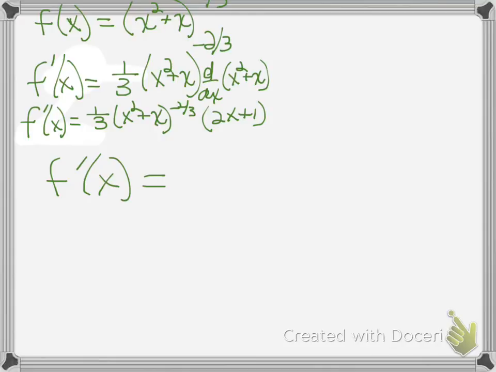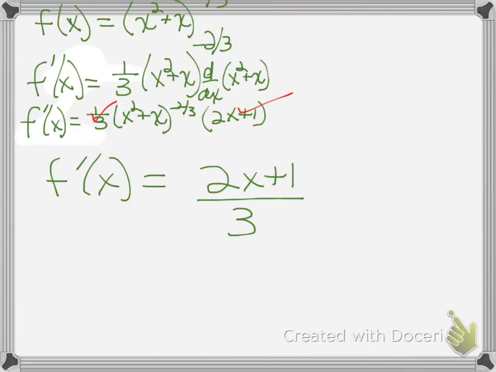I'm going to have the 2x plus 1 in the numerator. I have a 3 in the denominator. Alright, so that's taken care of. Now, look what I have also in the denominator. The (x squared plus x) to the negative 2/3. So let's put that in the denominator as well.